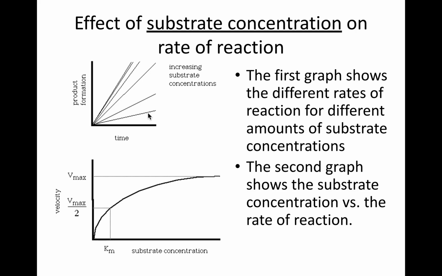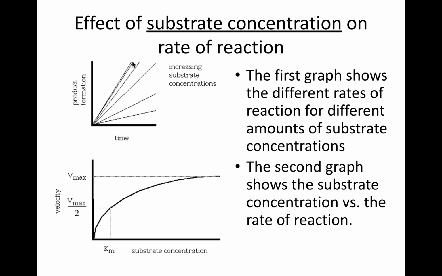What you should know is normally what you're going to see is a negative correlation when it comes to increasing substrate concentration. As the substrate concentration increases, you're going to see over time less product formation.